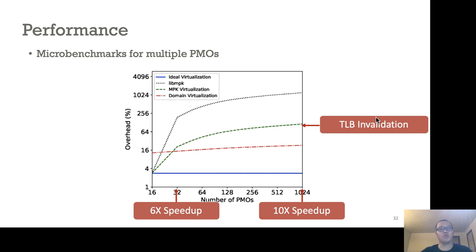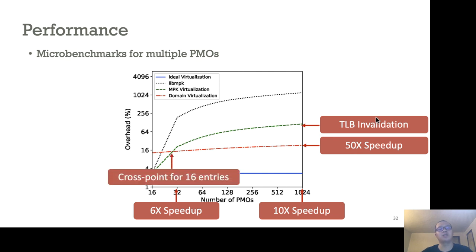So our domain virtualization design can achieve 50 times speedup compared to the software method for 1000 domains. For the 16-entry buffer, the crossover point between the two designs is about 20 PMOs, because the domain virtualization adds to the critical path for the TLB hit.